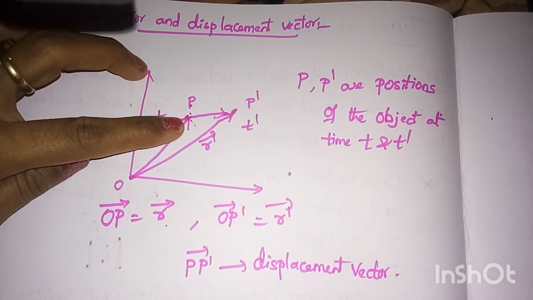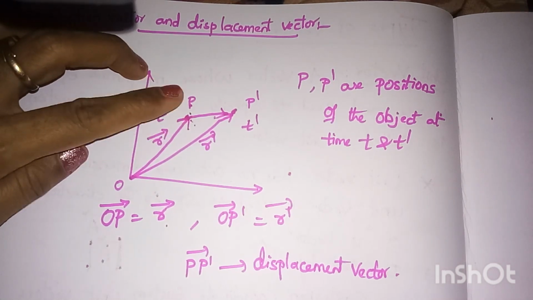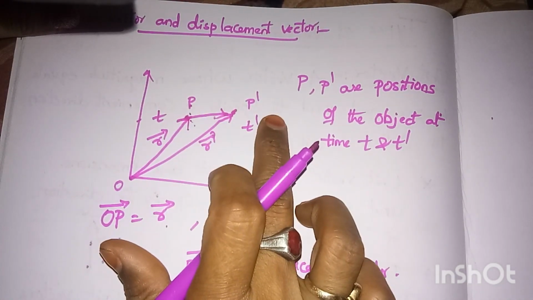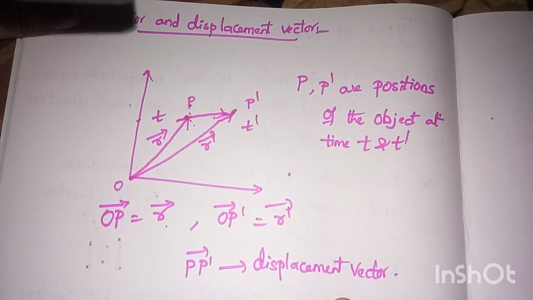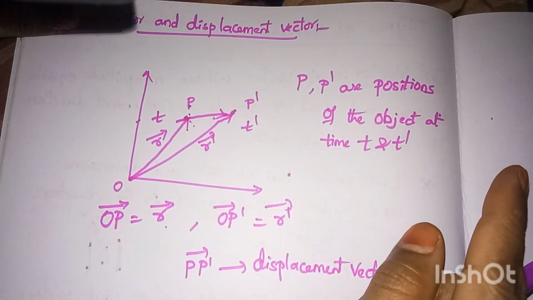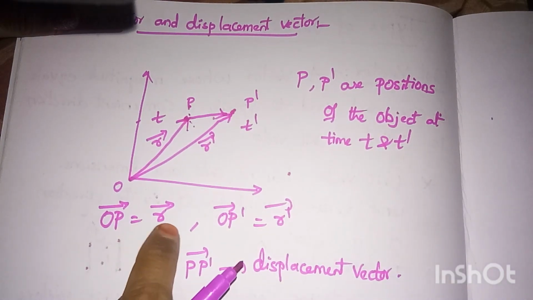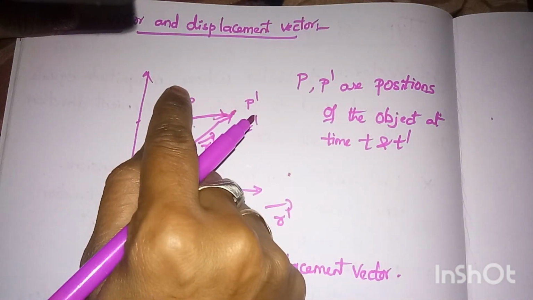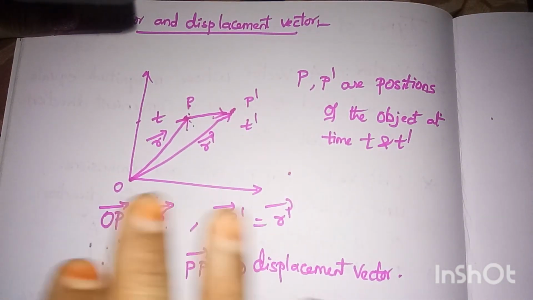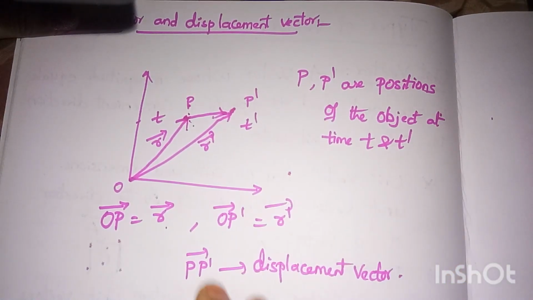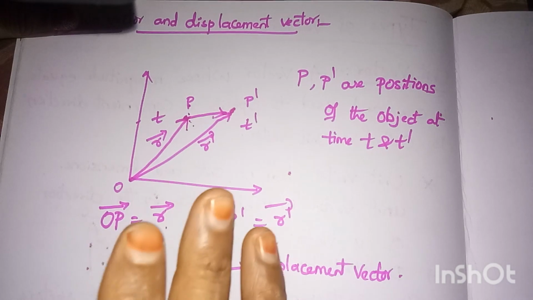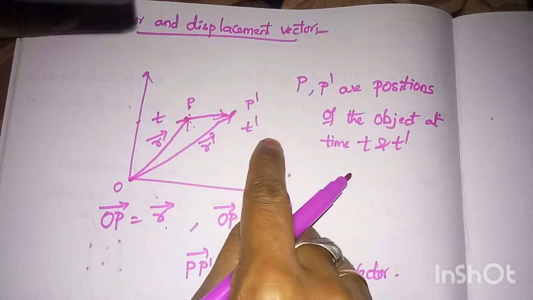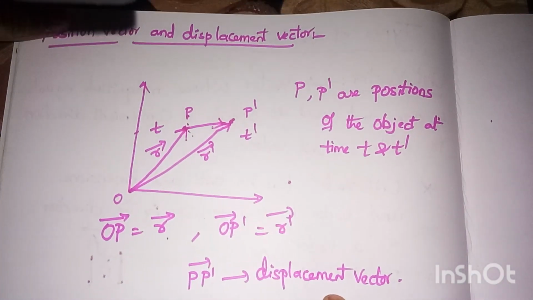The line joining these two positions of the object represents the displacement vector. A line from the origin to any position of the object, with direction, represents the position vector. So the origin is important here, along with the coordinate axis. The line drawn between two positions of the object at two times is called the displacement vector.